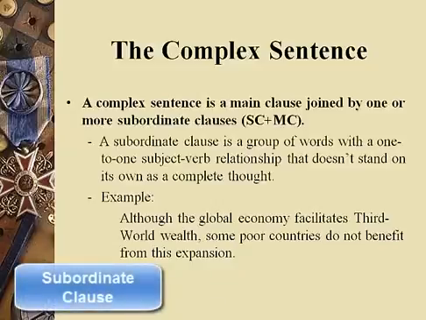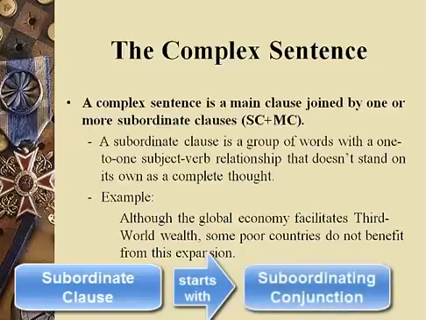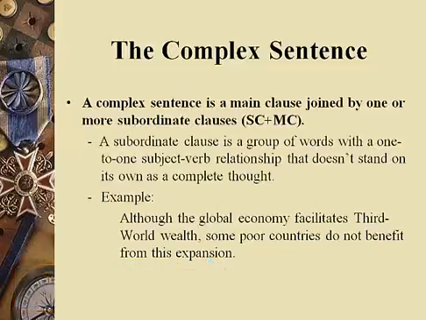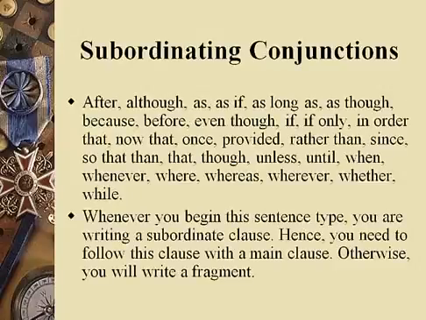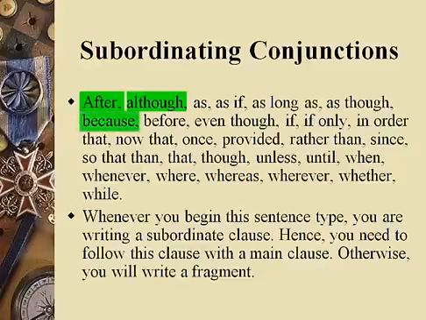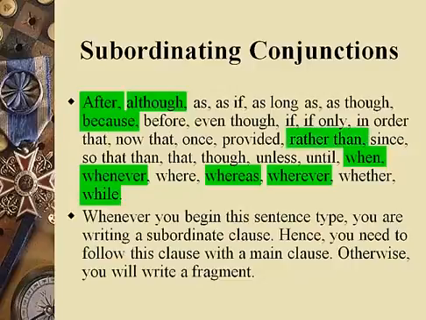A subordinate clause, therefore, is different than a main clause because it starts with what's called a subordinating conjunction. Remember earlier we were talking about the coordinating conjunctions being fanboys. Well, let's take a look at all the different subordinating conjunctions we can deal with. After, although, because, whenever, when, whereas, wherever, while, rather than, since.